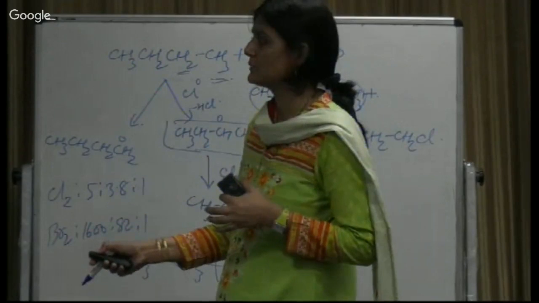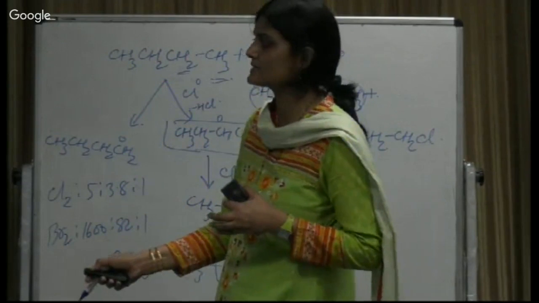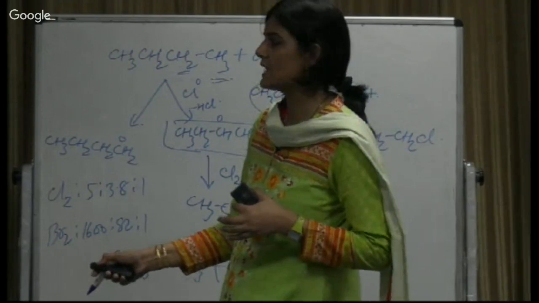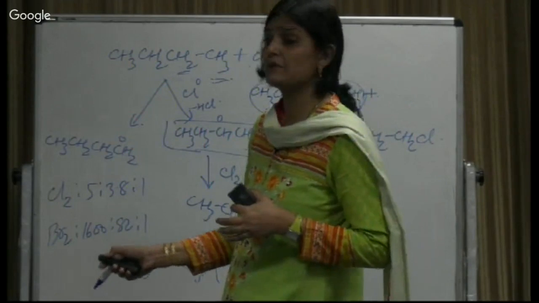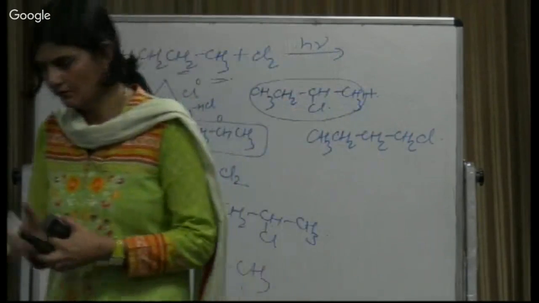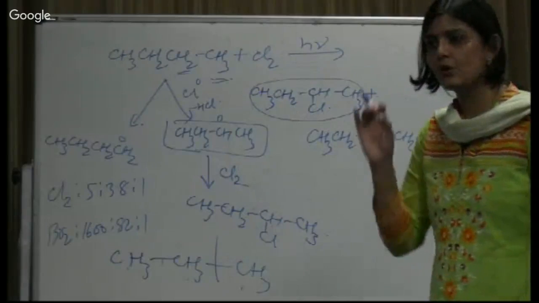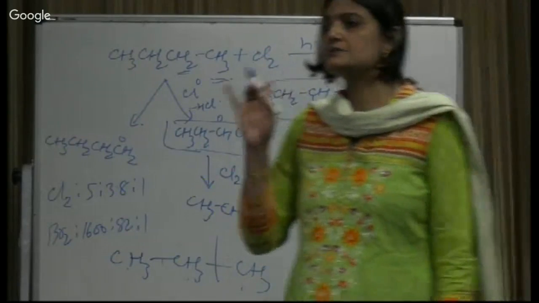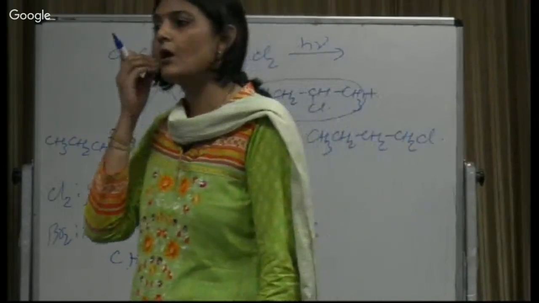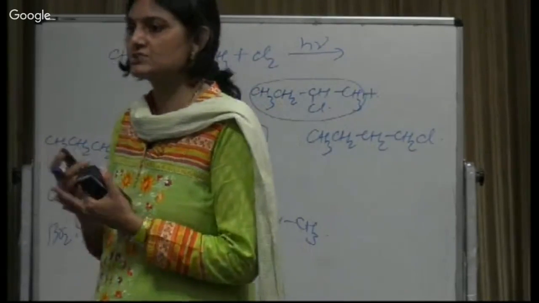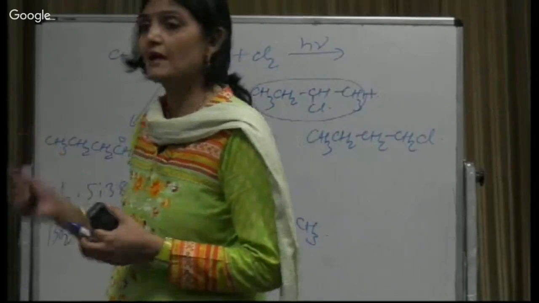In case of propane, I've shown; in the case of hexane also, you get a mixture of hexene, butene, ethane, ethene, propene and methane. So a mixture of products is obtained. I think that's all we had to discuss in the first chapter on alkanes. Now I'm going to take up some problem questions based on what we have learned today.